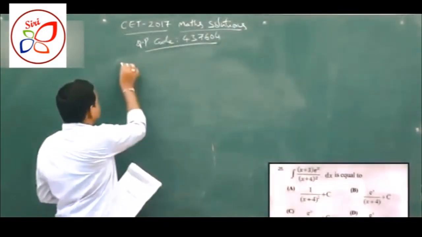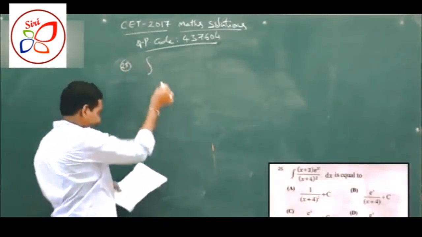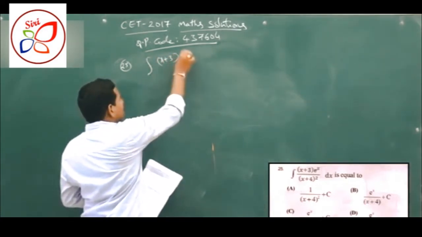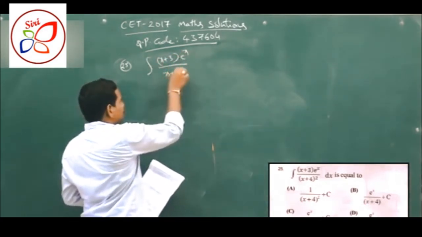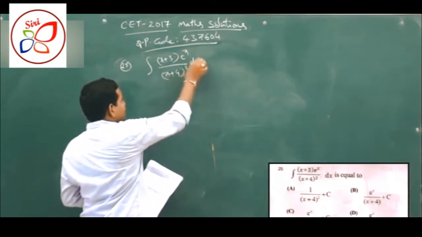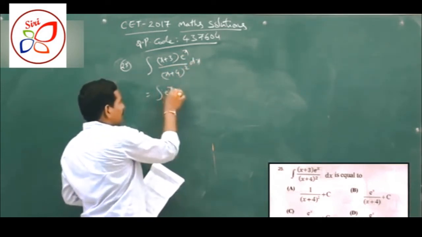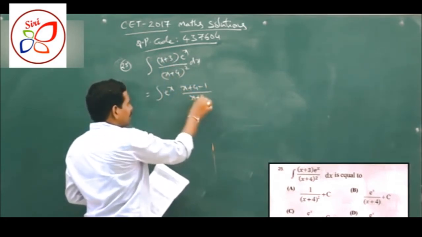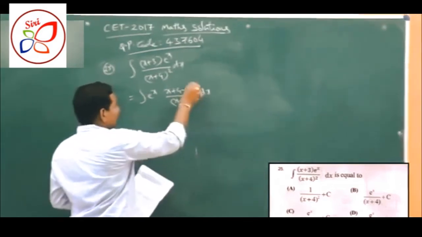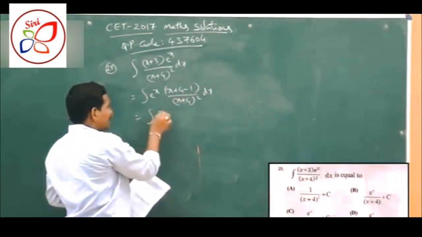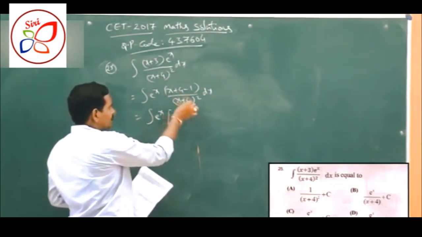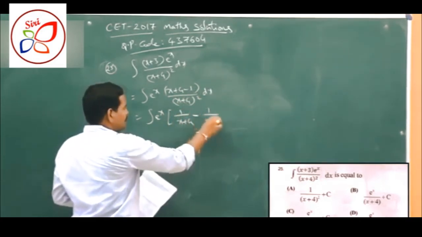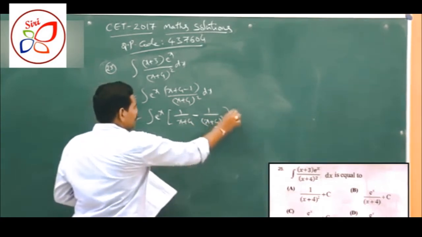Question number 25. Integral x plus 3 into e power x by x plus 4 whole square dx. This can be written as x plus 4 minus 1 by x plus 4 whole square dx. So e power x into, split this, first its value 1 by x plus 4, and second minus 1 by x plus 4 whole square, into dx.